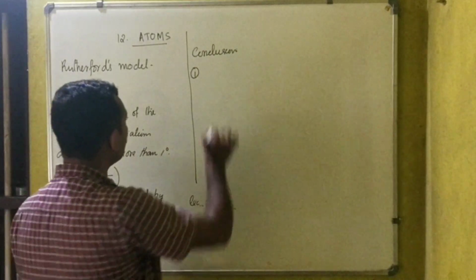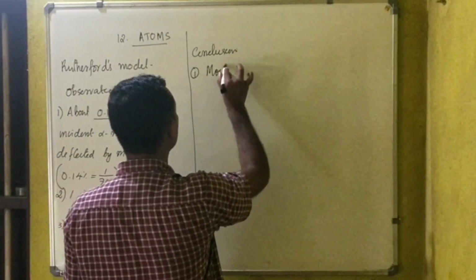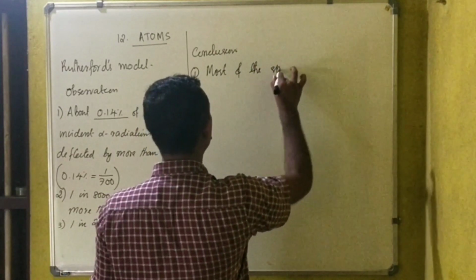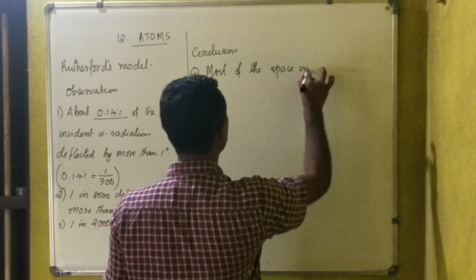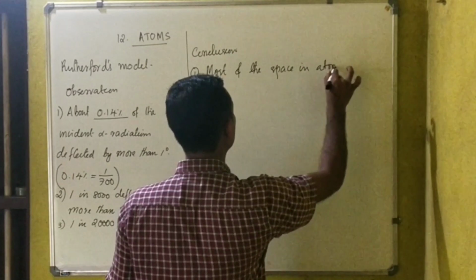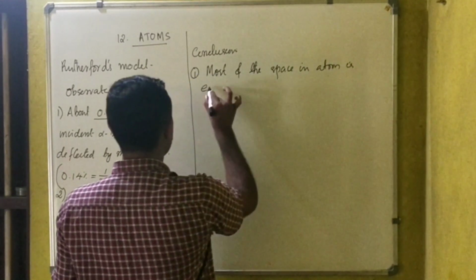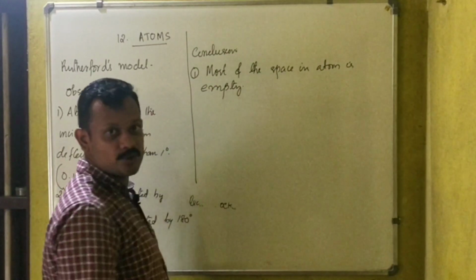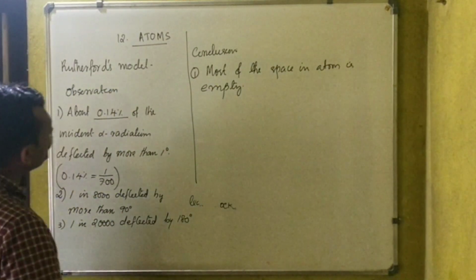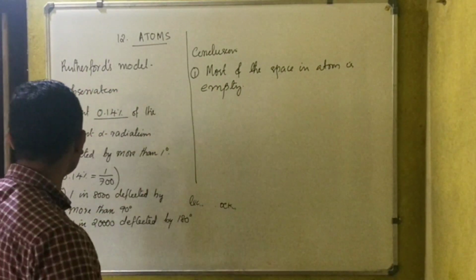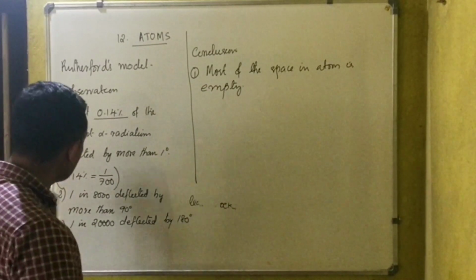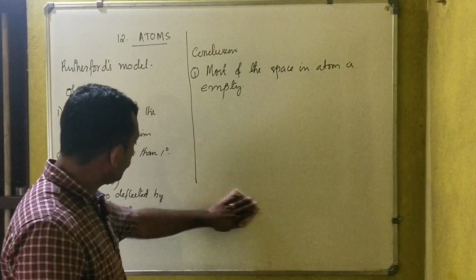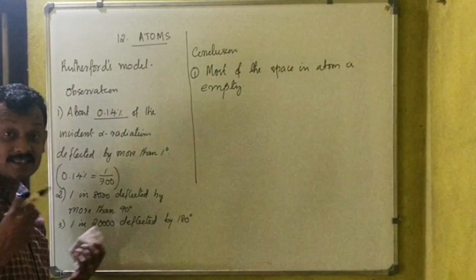That itself concluded that most of the space in an atom is empty. That is conclusion number 1. So these observations show that most of the space in an atom is empty. Nothing is there in the atom.